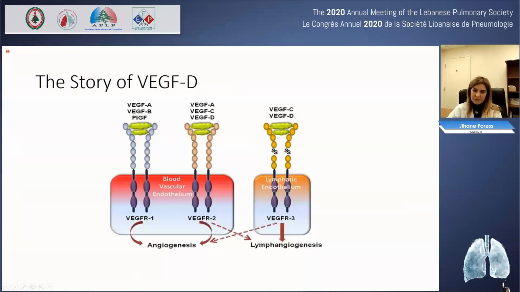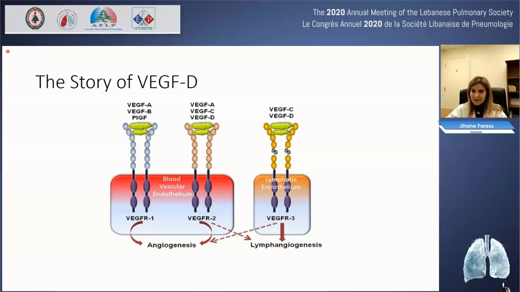So how about VEGF-D? How did VEGF-D come to life? VEGF, vascular endothelial growth factor, there are 4 of them. There is A, B, C, and D. A and B are mostly angiogenic, while C and D are mostly lymphangiogenic. They do promote the growth of lymphatics, but they also promote the spread of tumors to lymph nodes in mouse models and humans.